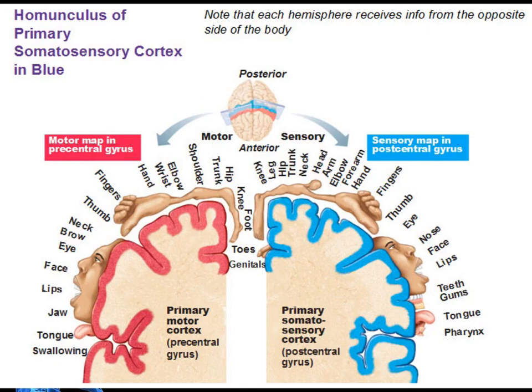Same thing, if an area of the postcentral gyrus were damaged on the right side, then you will have no feeling on the left side of the body depending on the area. So if the area affected is the one for the fingers, then information is not being sent from the fingers to the brain, and you're going to have numbness on the right hand.